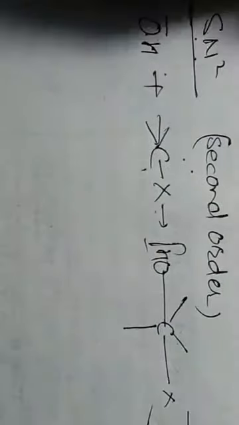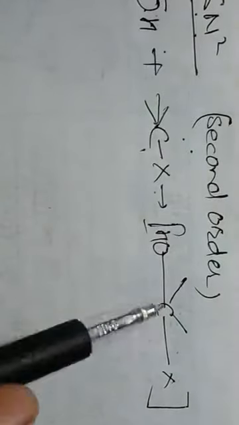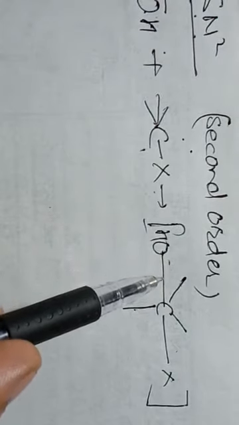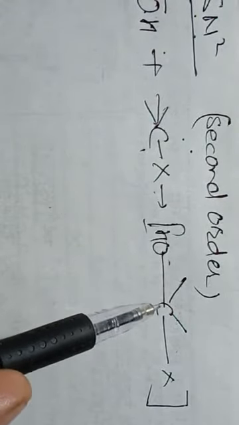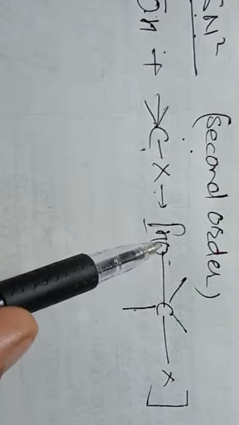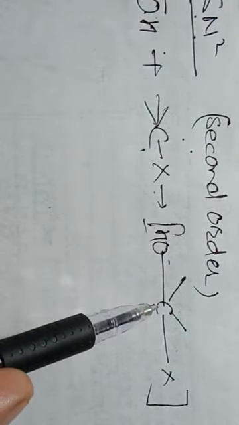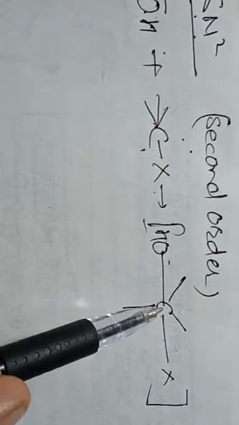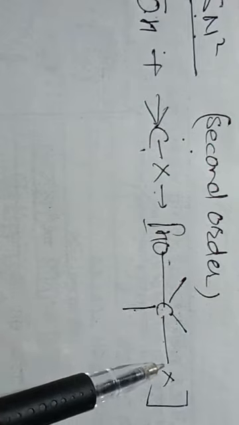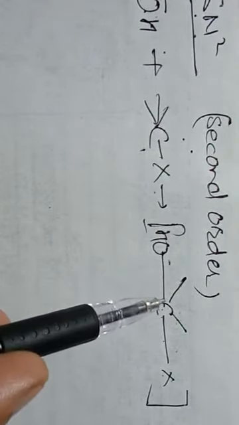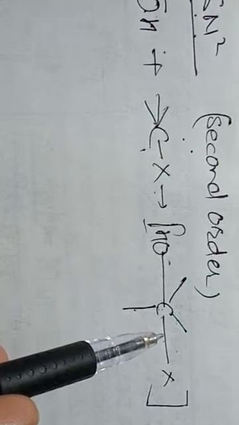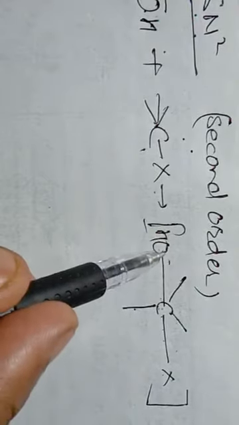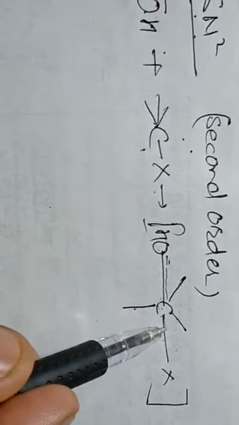This bond is in the state of formation between the hydroxide group and carbon, and this bond is in the state of breaking, which is present between halogen and carbon. So simultaneously two conditions are here. This bond is forming and this bond is breaking. So we show this in the form of dashed lines.